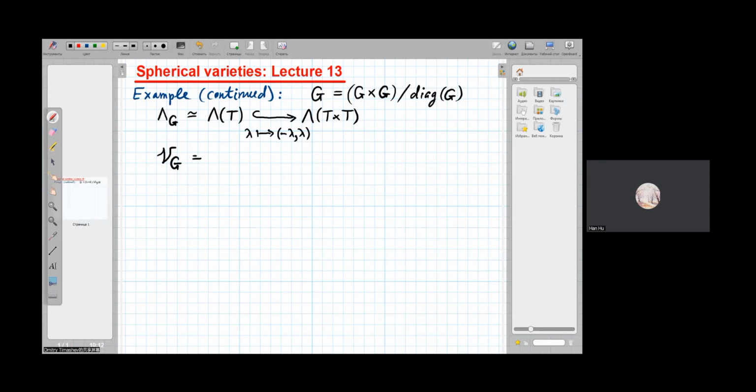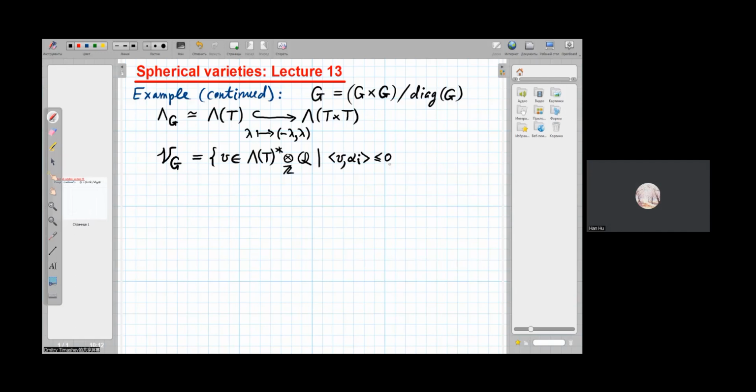That is, it is the set of all vectors v in the vector space spanned by the dual lattice such that they take non-positive values on all simple roots.